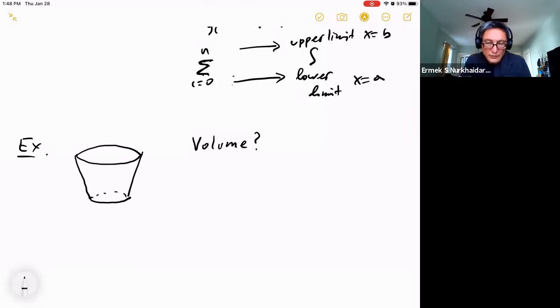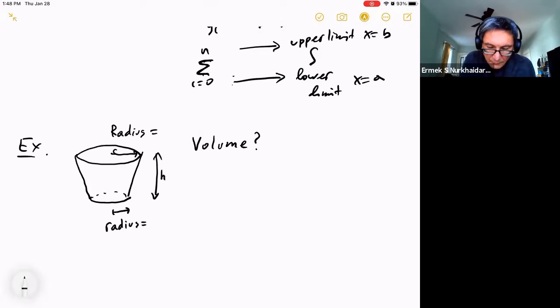Okay. So to do that, we need to figure out what the radius is on the bottom, what the radius is on top, and what the height is. So let's say the bottom diameter is about 3 inches, my best guess, and about 5 on top, diameter I mean.